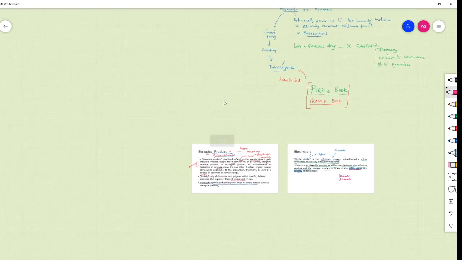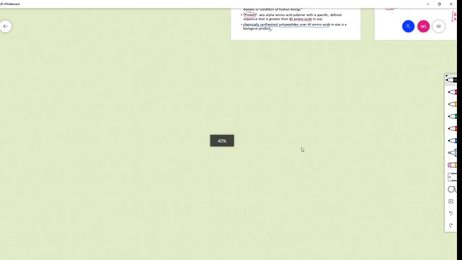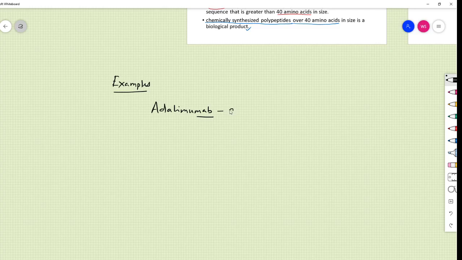Now we come to the examples of a biosimilar product. Let's write some examples. Adalimumab, a monoclonal antibody, and its name is written like this; we'll come back to why it is named like this.